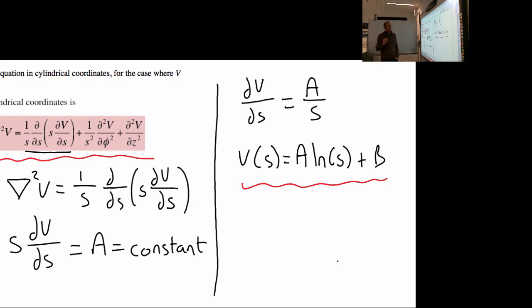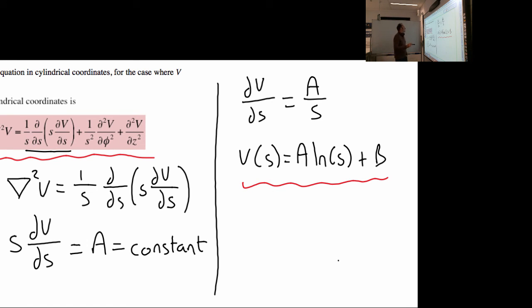One point to note is that we cannot set our reference point to be at infinity or even at 0, because the potential will go to infinity. So we need to set some other boundary conditions, and this is what we're going to tackle in the next couple of lessons.